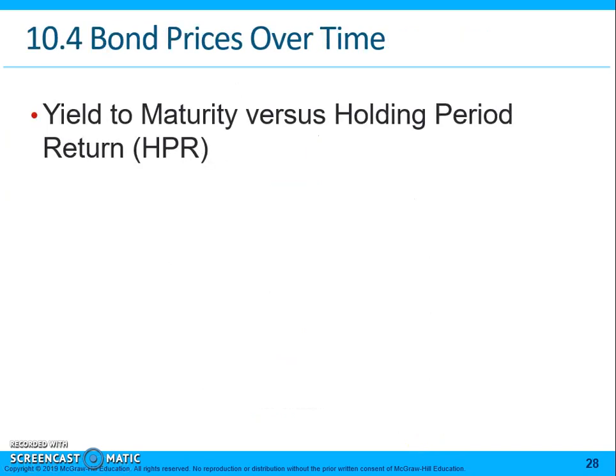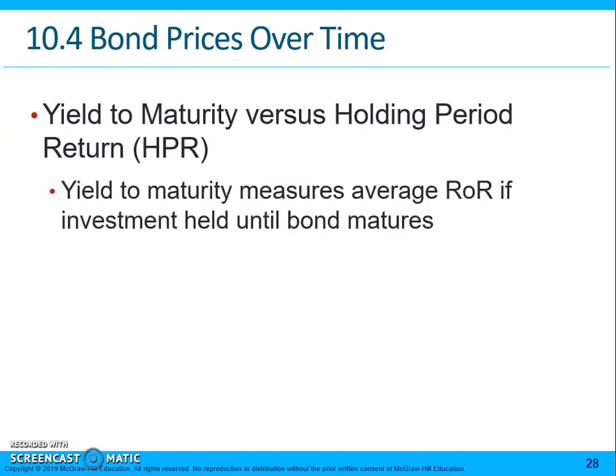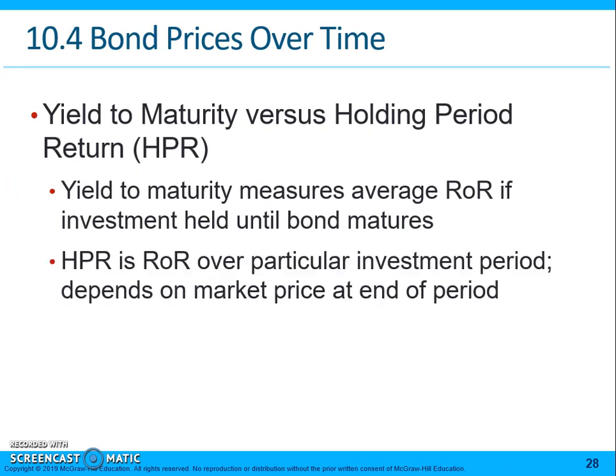Bond prices over time. The yield to maturity versus holding period return. Yield to maturity measures the average rate of return if the bond is held until it matures. Holding period return, which we've calculated already this semester, measures it over a particular period of time.